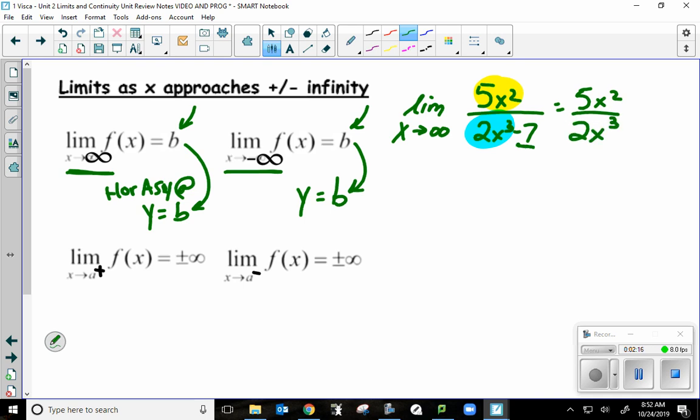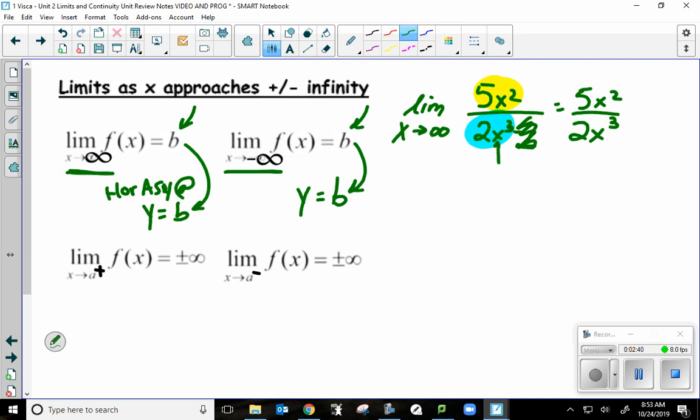Now, someone could say, well, what happens with this negative 7? If I throw an infinity in for this x and I cube it, does it matter if I subtract 7? No. 7 is so minuscule and small compared to infinity, it really doesn't matter. That's why we only keep the biggest terms, the biggest term in the top and bottom.